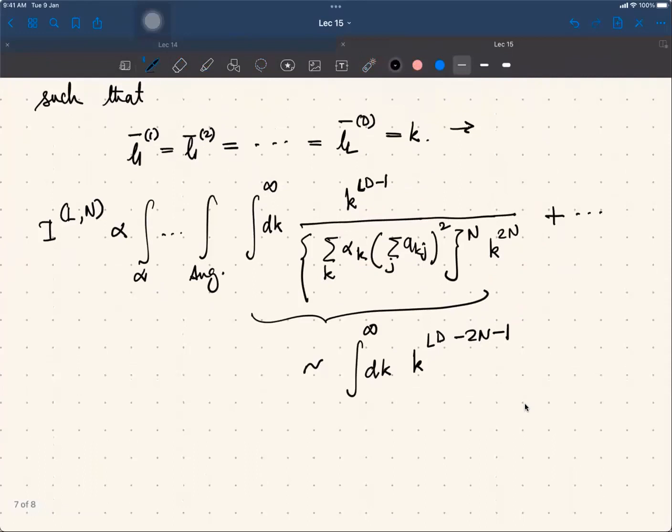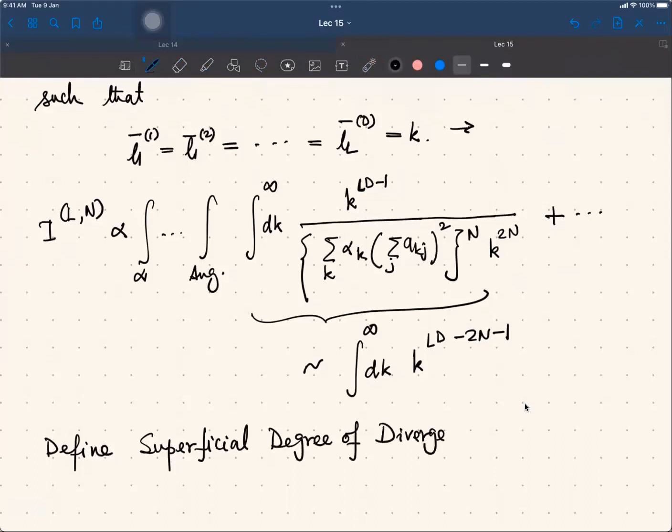Now we define the superficial degree of divergence omega to be d times L minus 2n. Which means that if omega is 0, dL minus 2n is 0, then it will be k to the power minus 1, and that integral will be logarithmic in k with an upper limit infinity.